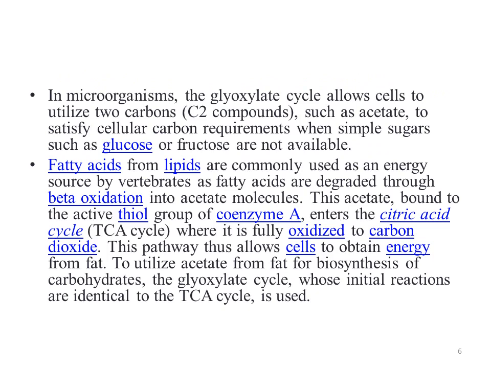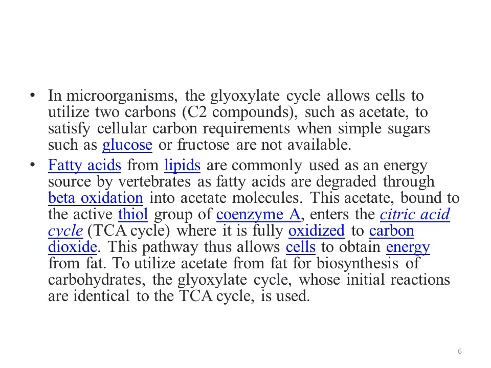In microorganisms, the glyoxylate cycle allows cells to utilize two carbon compounds such as acetate to satisfy cellular carbon requirements when simple sugars such as glucose or fructose are not available in the cell.